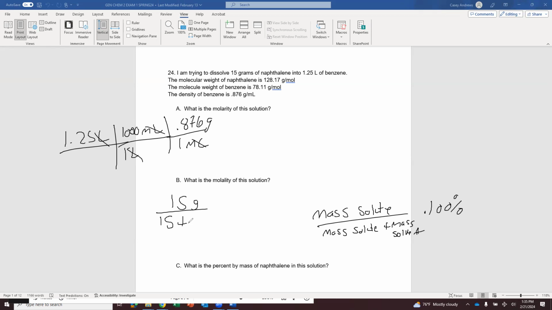So I have 1,095 grams. Do this division times 100. So 15 divided by 110. So the percentage is 0.901%. So that's the answer to C.